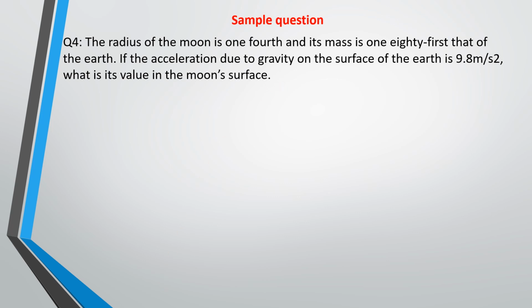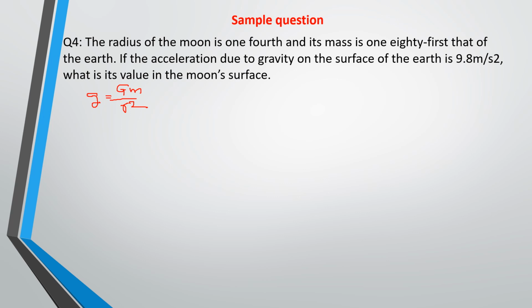Okay, so for this particular question, just as we did in the other one, we said that g is equal to what? It's equal to capital G M all over r squared. This is the relationship between acceleration due to gravity and the universal gravitational constant.